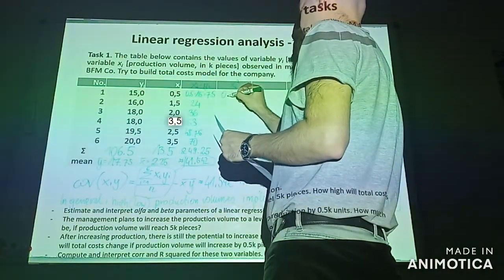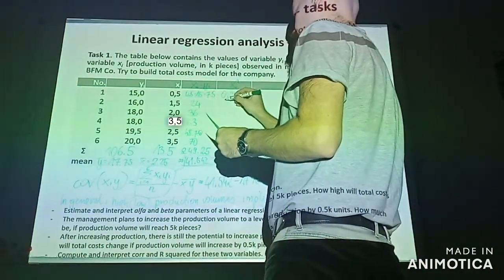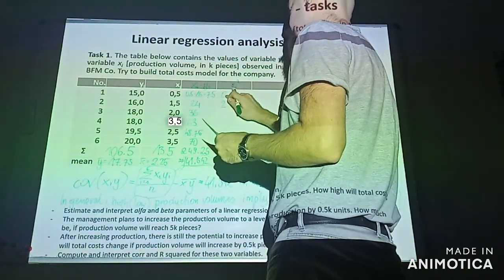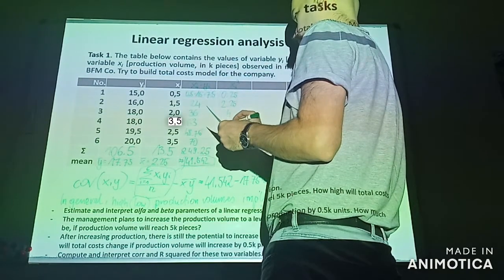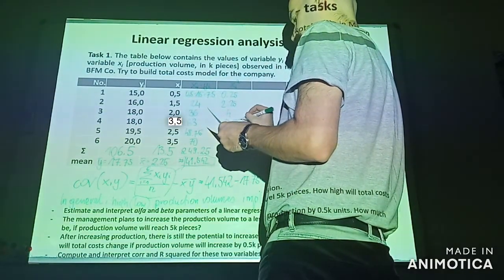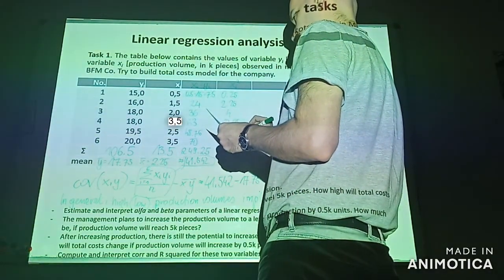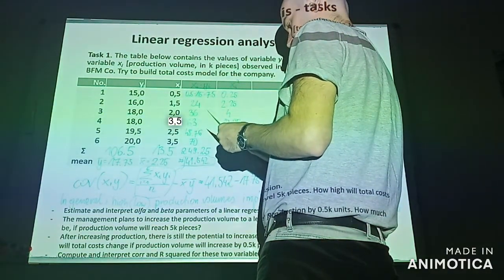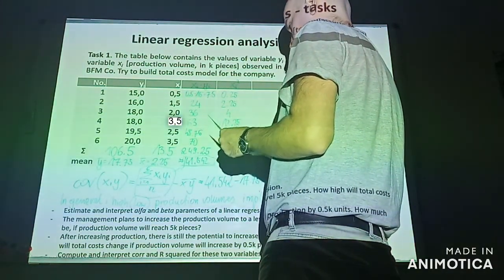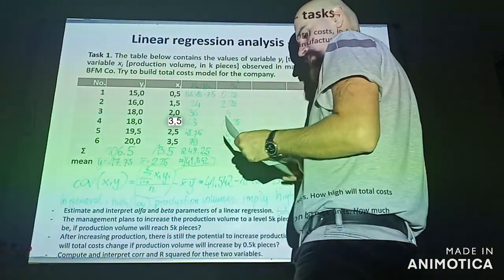Of course, 0.25, 2.25, 4, 12.25, 6.25, and at the bottom 12.25.